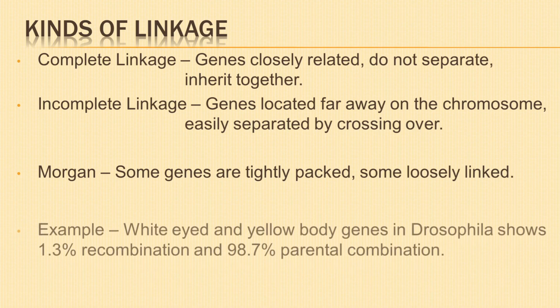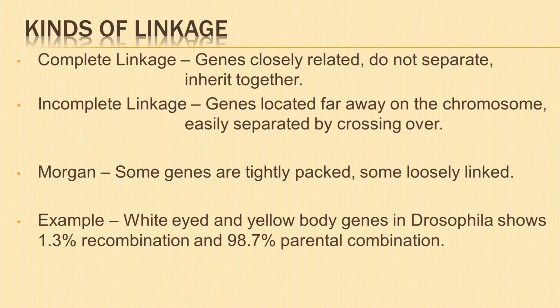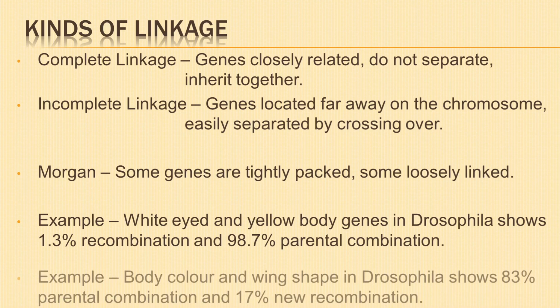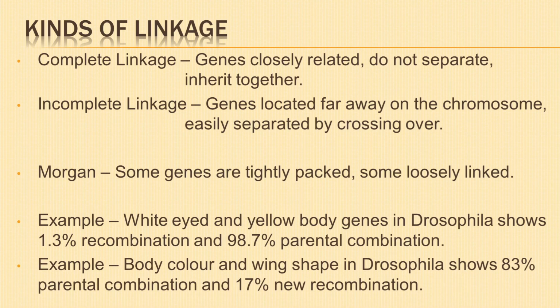Example, the genes for white-eyed and yellow body in Drosophila were tightly linked and showed 1.3% recombination and 98.7% parental combination. Another example, incomplete linkage in linked genes for body color and wing shape is seen in Drosophila.